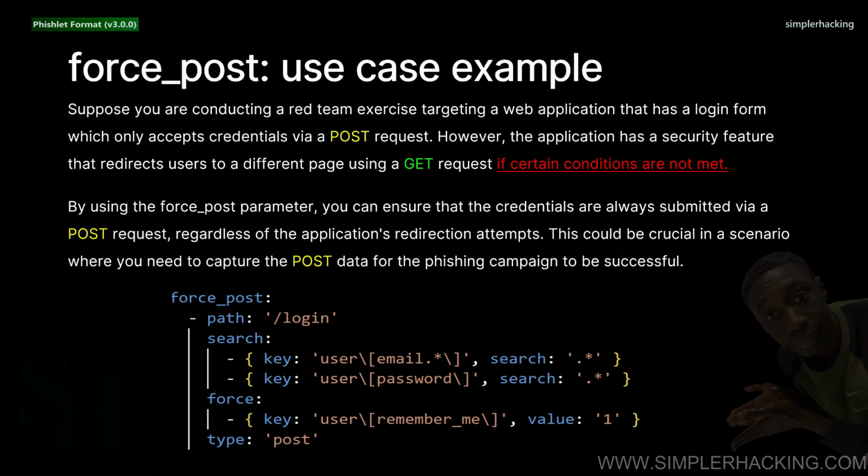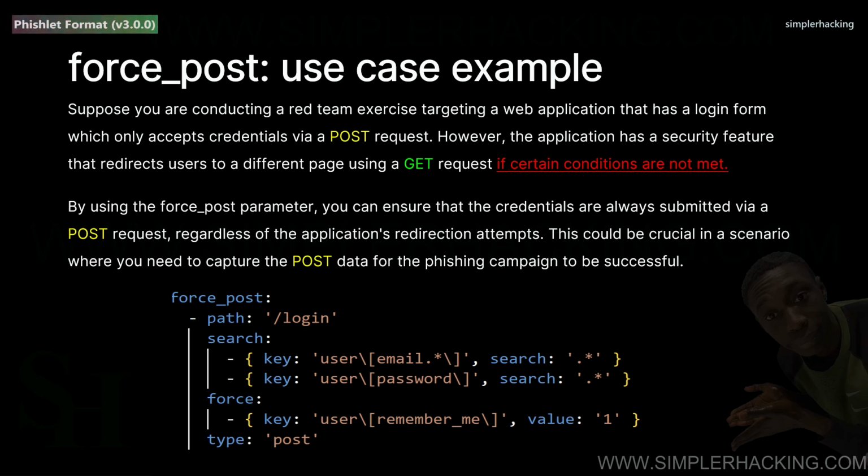The force block ensures that an additional parameter, remember me, is always submitted along with the form data. In this case, we are forcing the remember me option to always be set to 1, meaning the user will stay logged in. This can be important for certain scenarios where persistence in the session is required.